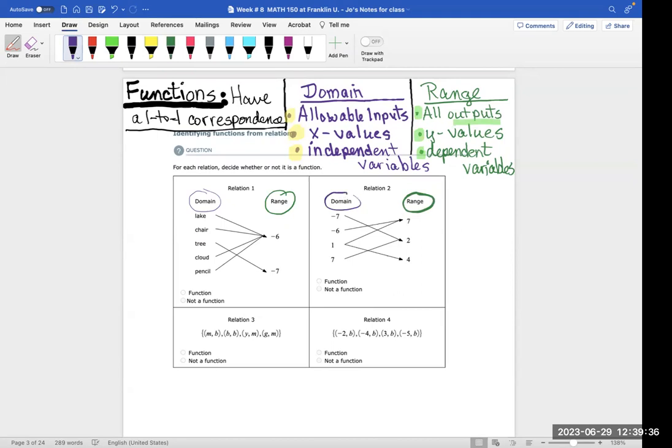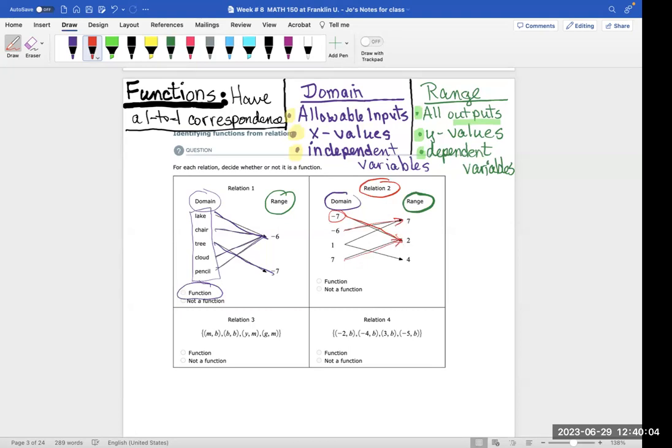So when this question here is asking, looking at if this is your domain, does each item in your domain map to only one answer in your range? And in this case, it does. So this is a function. Relation 2. Does each of my inputs give me only one output?